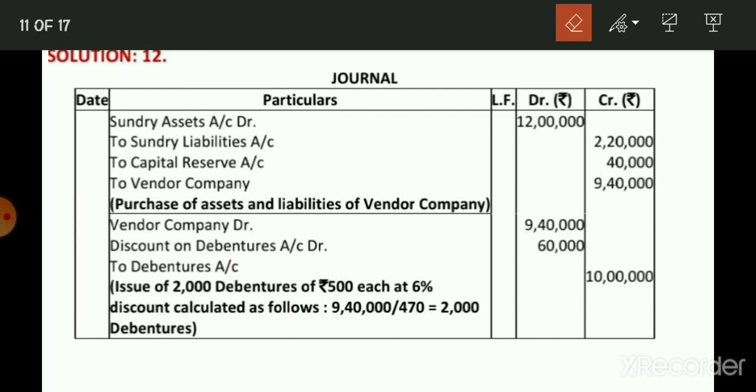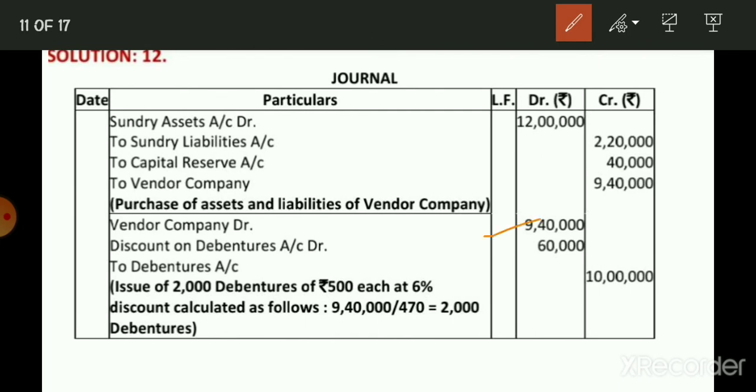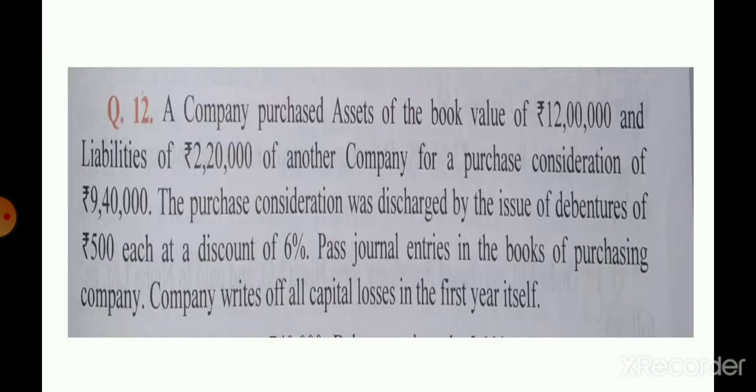Now we have to issue the debentures to the vendor company, so we have to calculate it on this amount, 9,40,000, as we are issuing at a discount on debentures. So how much discount we have to give? Please see in the question, each debenture is of 500 and a 6% discount.